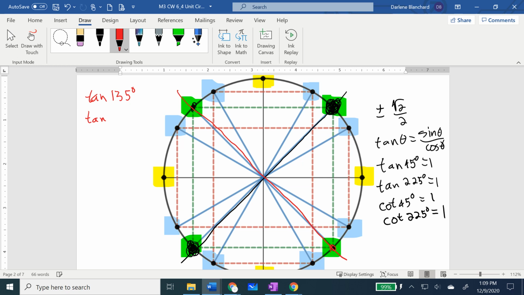And over here, that is 315. What is the sine over cosine ratio if we are on one of these halfway through quadrant points?